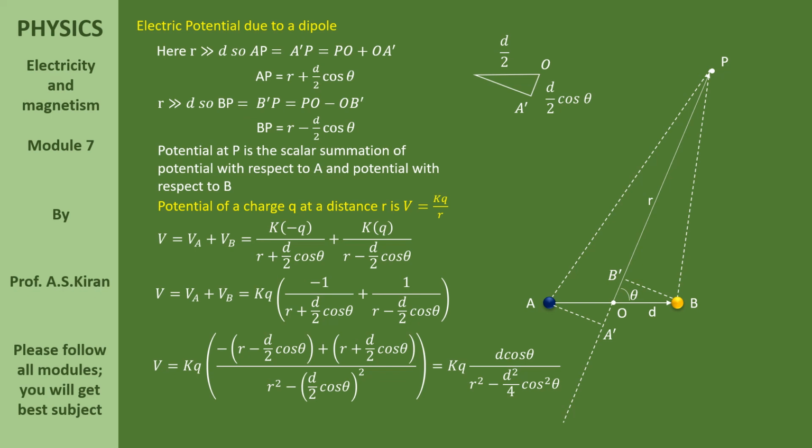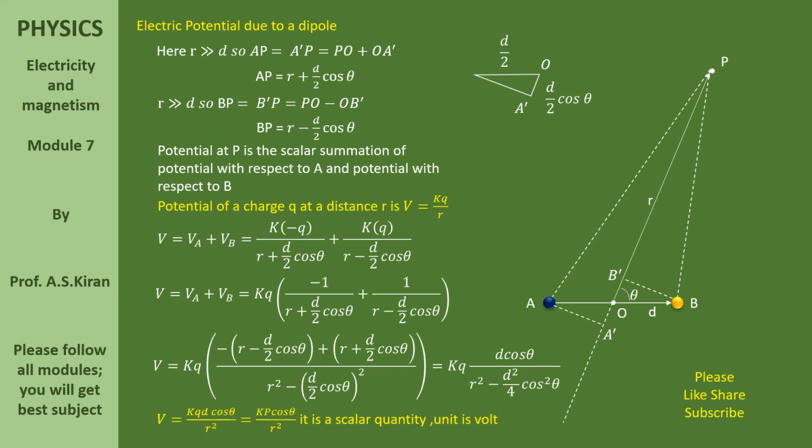There are two terms, r square and d square by 4 cos square theta, isn't it? Now here, d is very smaller than r. So you can neglect that d square by 4 cos square theta. Finally, you will be getting the answer v is equal to k q d cos theta by r square.